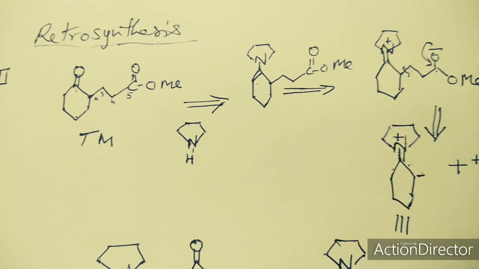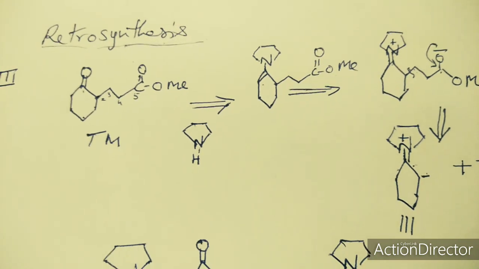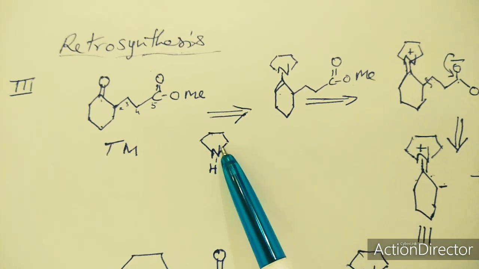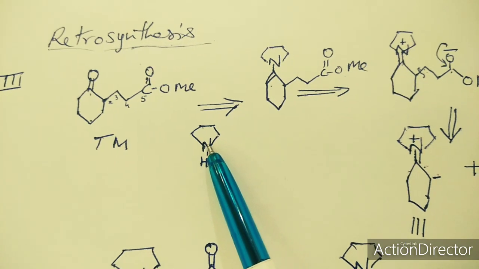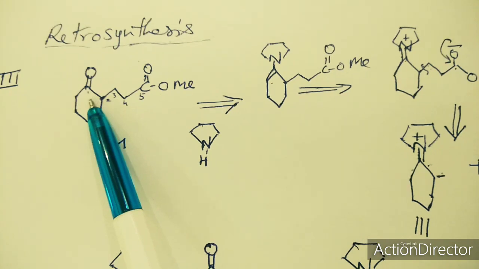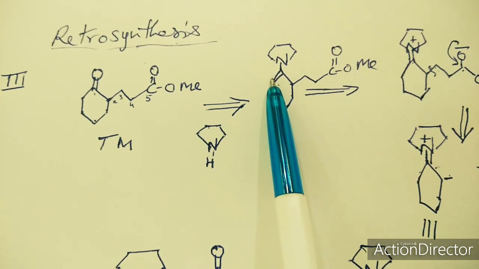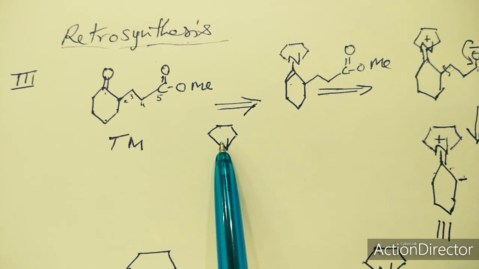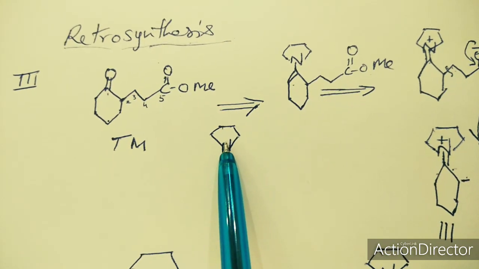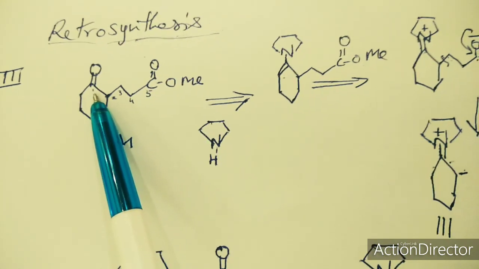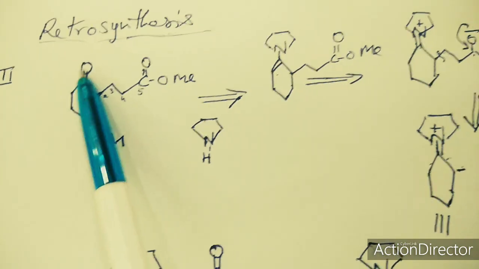Now this reaction here is clearly showing the use of enamine. Enamine means these secondary amines, where they tend to react with carbonyls. When they react with a carbonyl, what is formed? An enamine. This N will have a lone pair of electrons, so it will attack the carbon positive of the carbonyl due to electromeric shift.